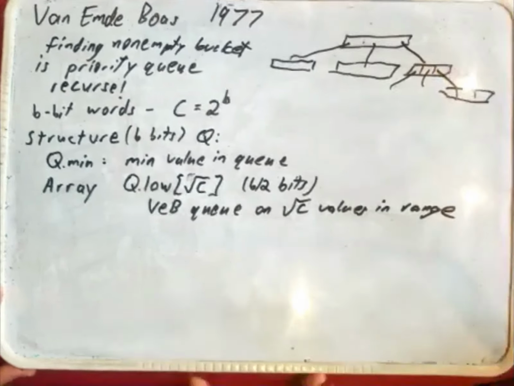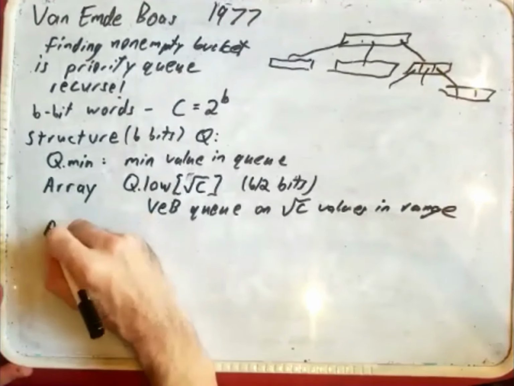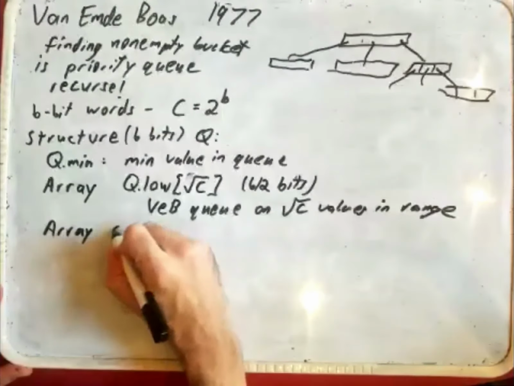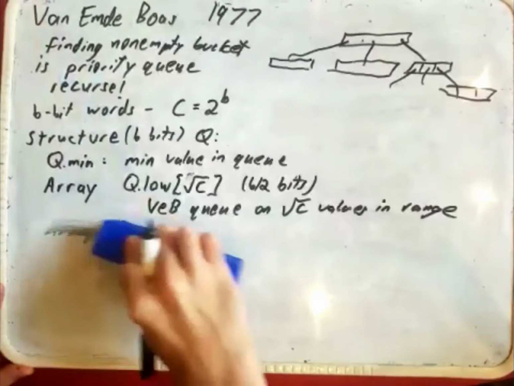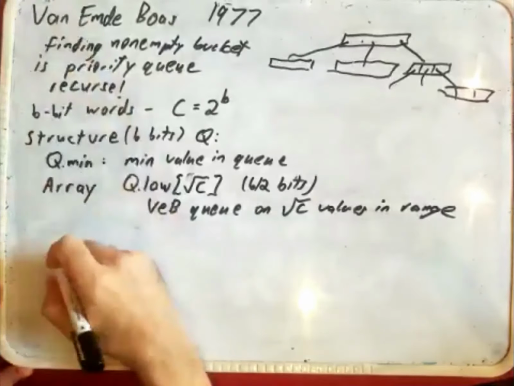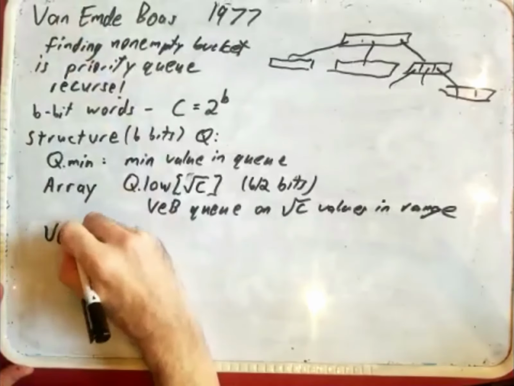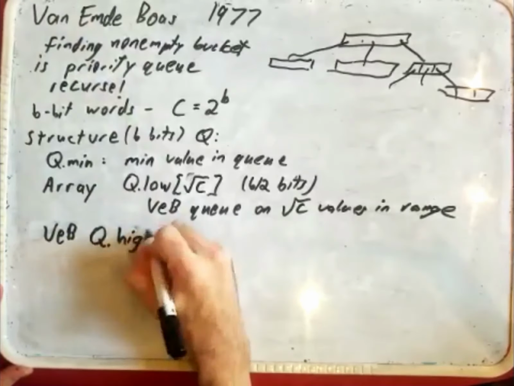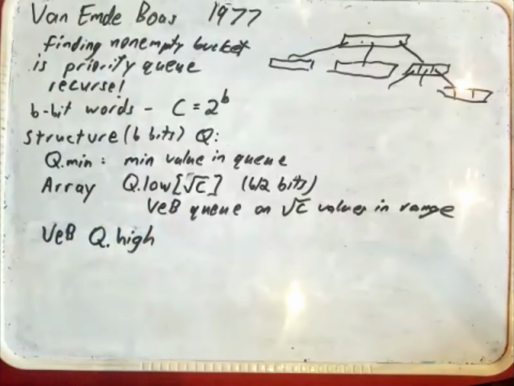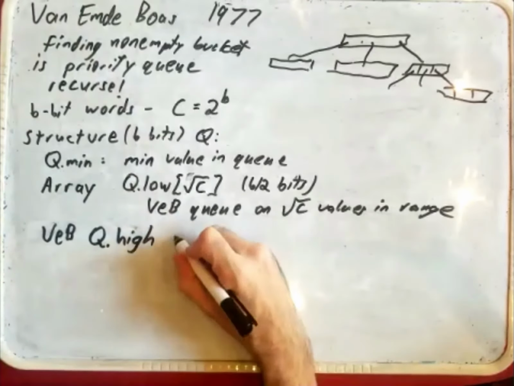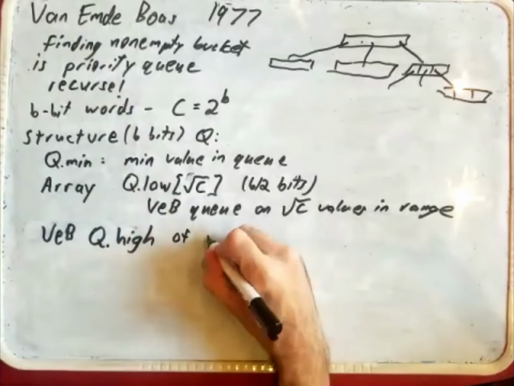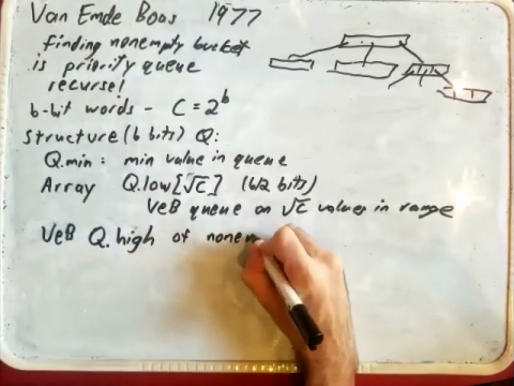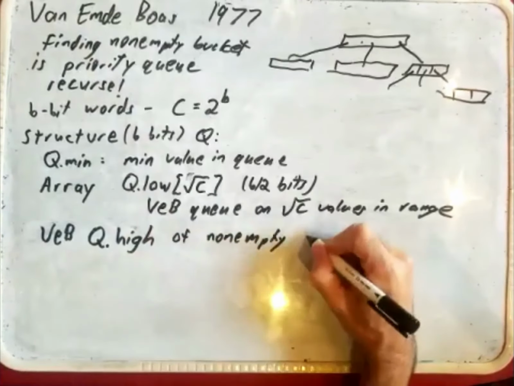We also have another Van Emde Boas queue, which I will denote by q.high, of non-empty blocks.